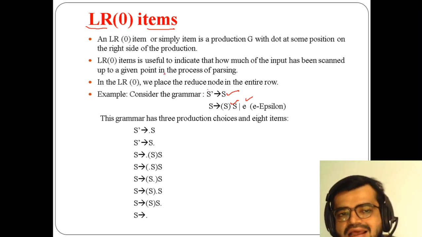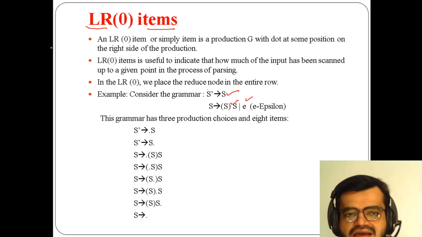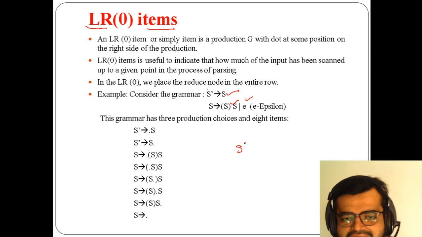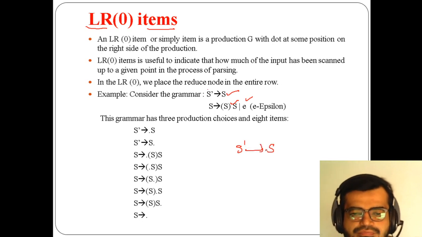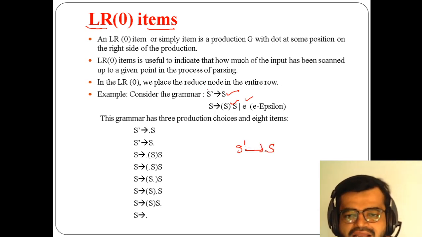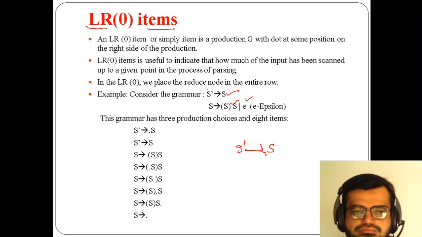But what LR(0) items are is that you simply have to take a dot symbol at the right hand side. So if S' produces S is my production, the dot symbol has to be taken at the right hand side, initially at the first position.